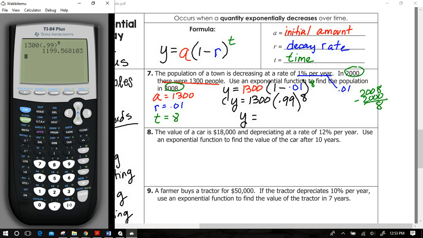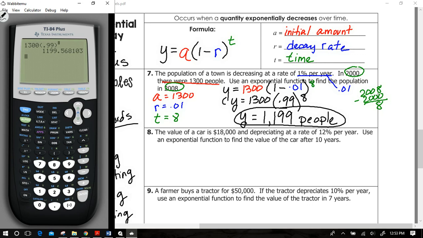And then this will be my solution. Now we are talking about the population of a town, so I'm just going to put 1,199 people, and that's my solution. So this is exactly like our exponential growth, except that we need to use that minus sign in our formula.